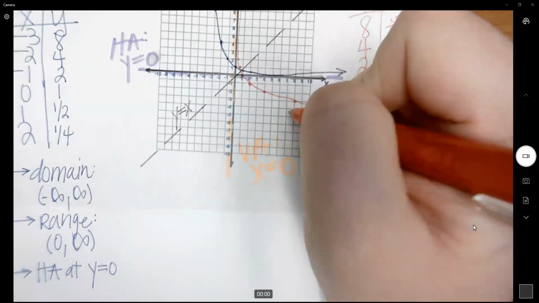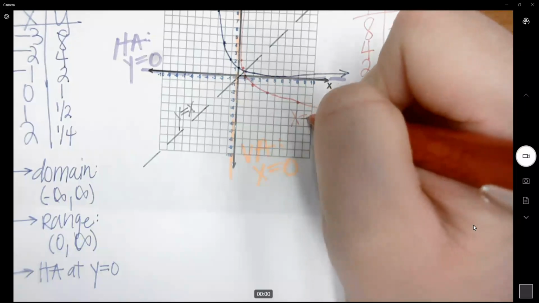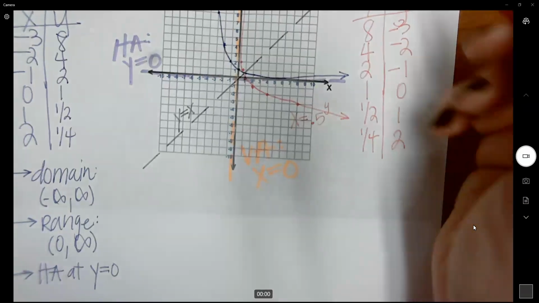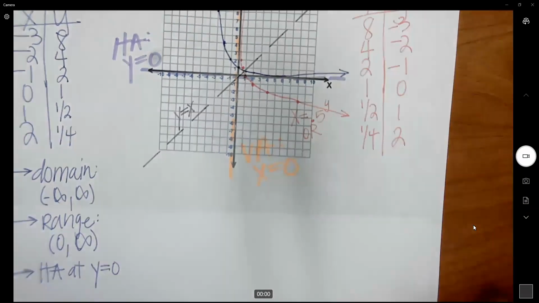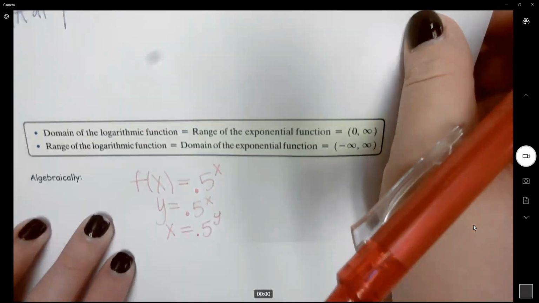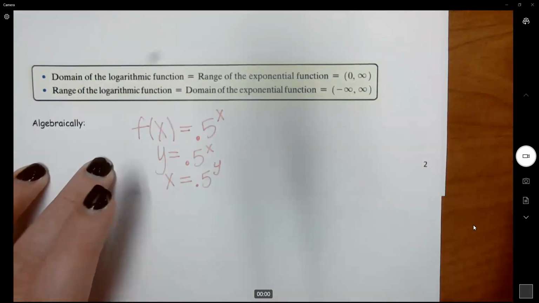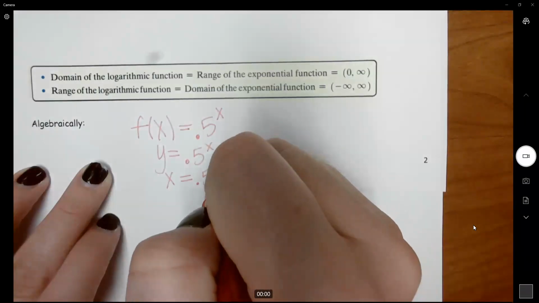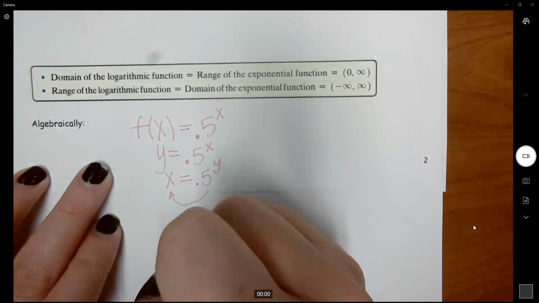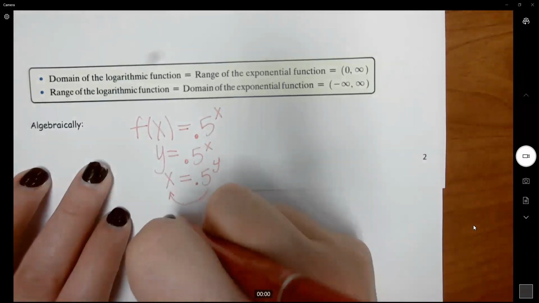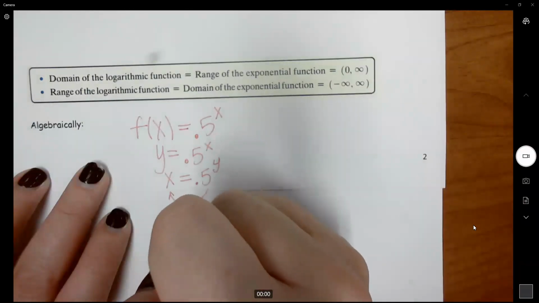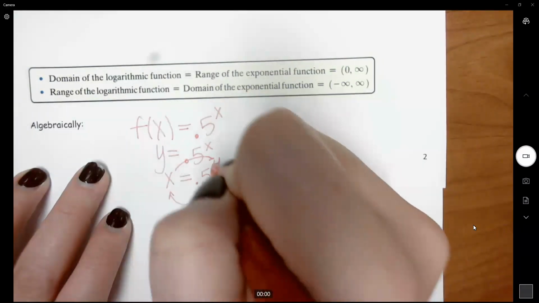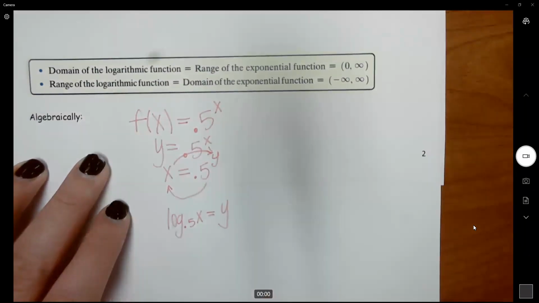So I can call this graph x equals 0.5 to the y power, or if I rewrite this using my log definition that's on that first page here, this is log base 0.5 of x, and that equals my exponent of y.